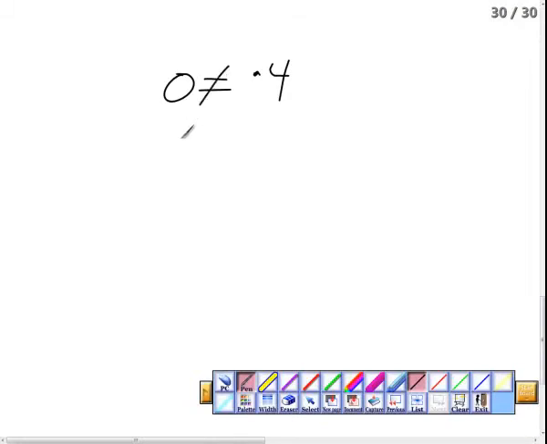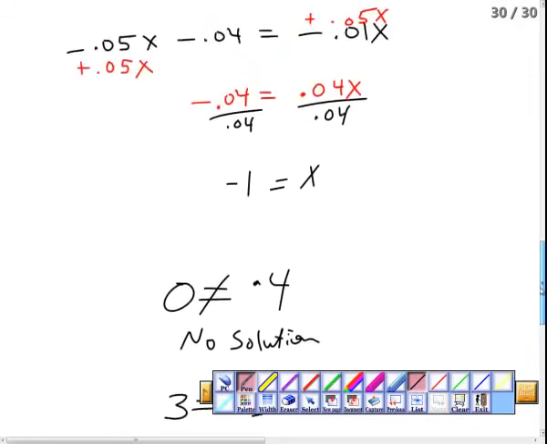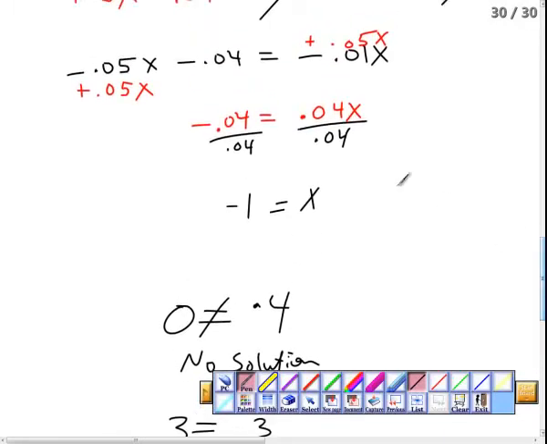Not solvable. So that's no solution. But if you had negative 3 equals negative 3, right? That's all real numbers. Any time both sides equal, it could be 0 equals 0, anything. But if one, like this one, where it's negative 0.04 equals 0.04x, then you still have that variable.